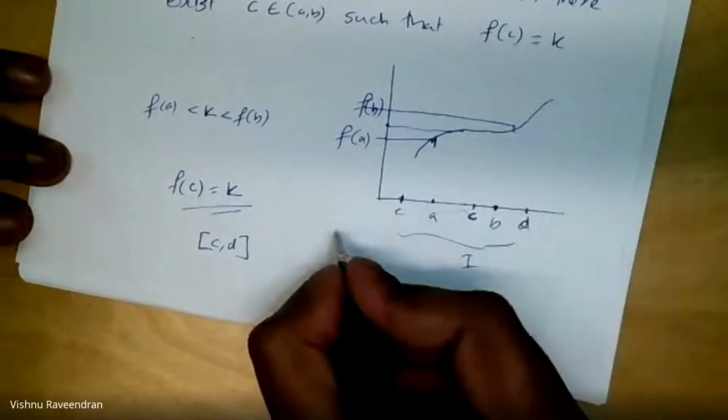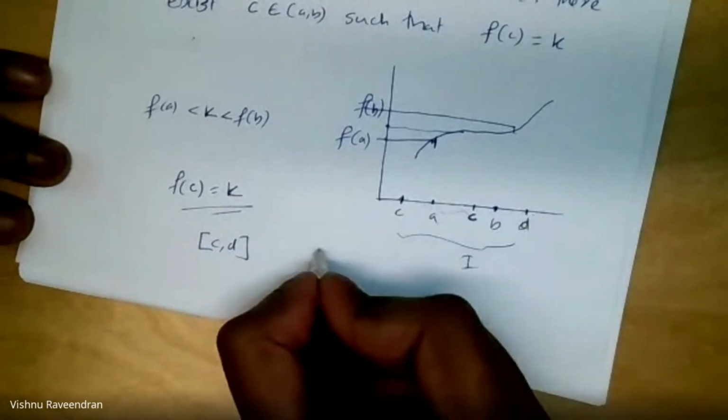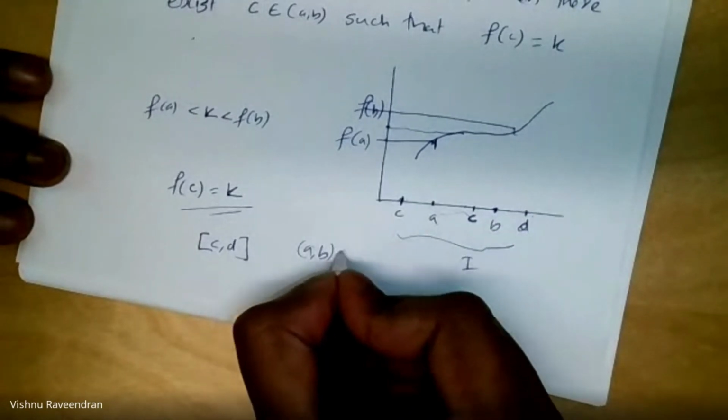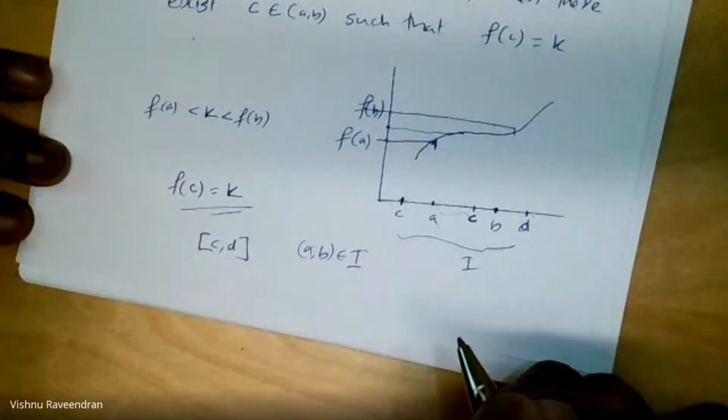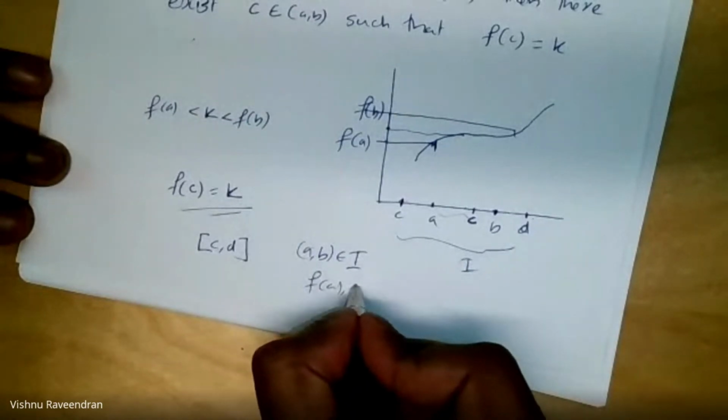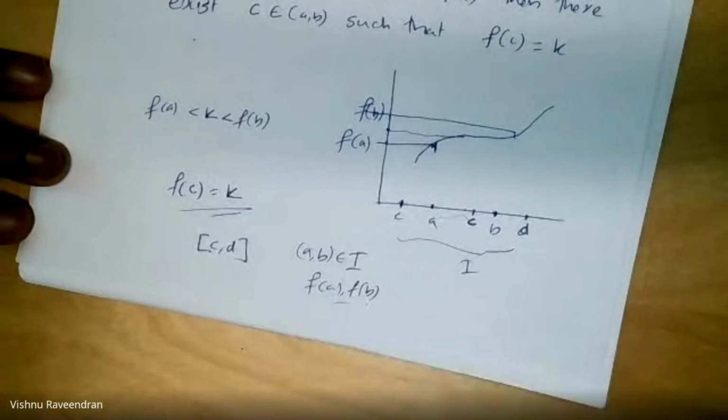The only thing is that your a and b should be inside the interval I. I mean, f of a and f of b should exist.